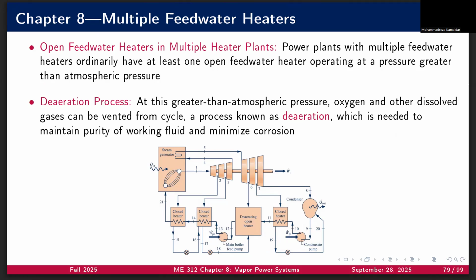So in a sense, while the closed heaters maximize the cycle thermal efficiency, the strategically placed open heater at a high pressure ensures the purity of the working fluid and minimizes corrosion. It's a critical engineering trade-off that balances pure thermodynamic performance with practical operational reliability and maintenance costs.